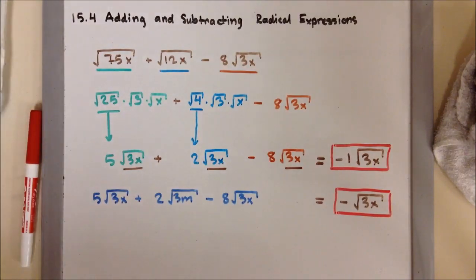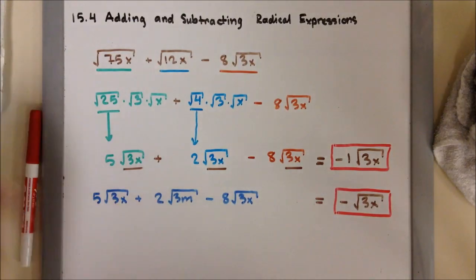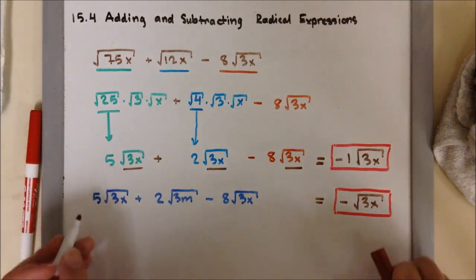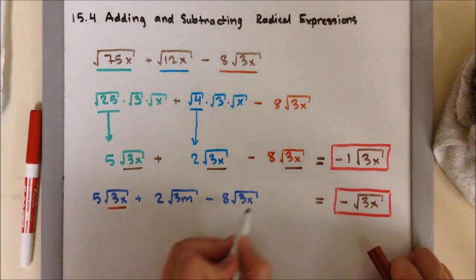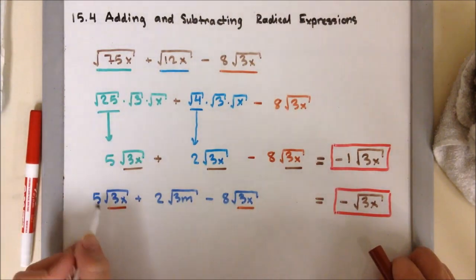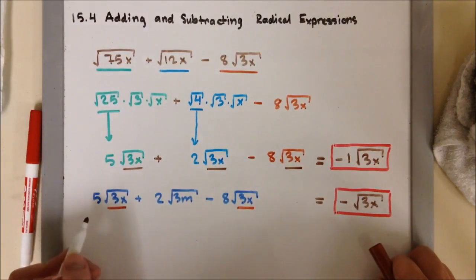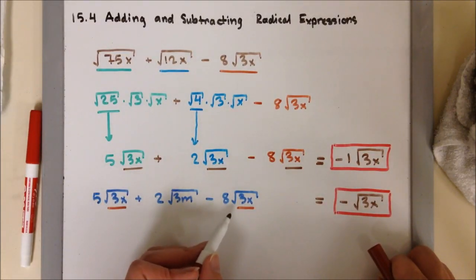Now, again, you can only combine the ones that are like radicals that are exactly the same. So if we take a close look, the only thing that has like radicals are the 3x. I repeat, the square root of 3x. So we can only combine the 5 and the minus 8.